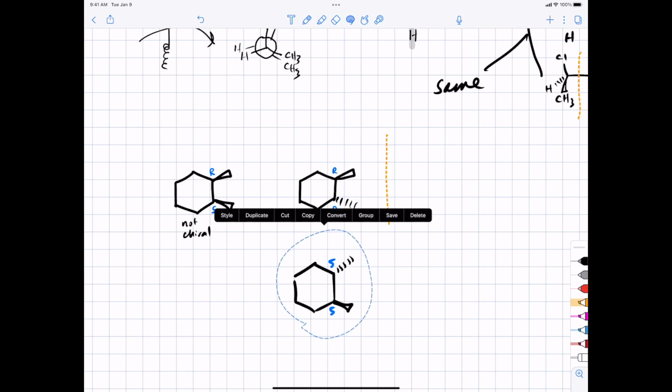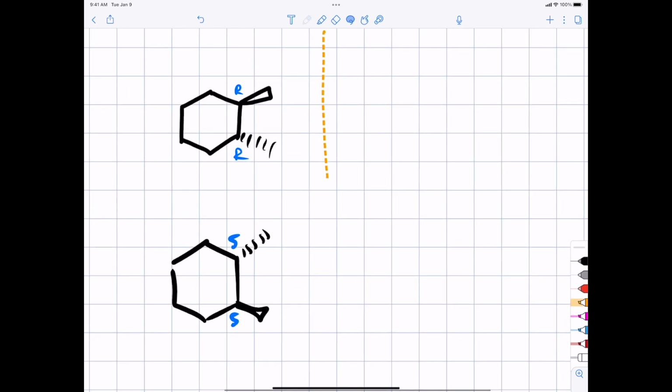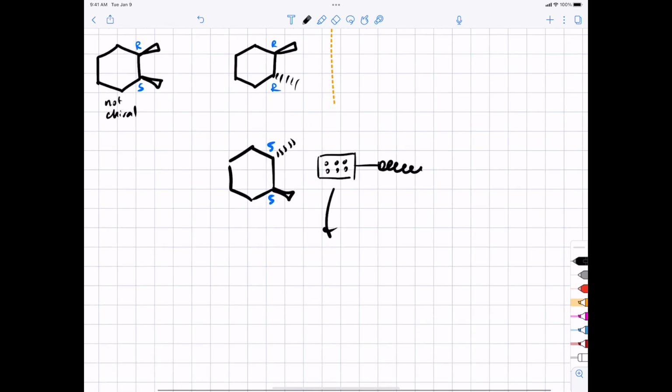This one's particularly insidious because you can try the pancake flip. Flip that over. What happens? It's just the same thing again. This is a type of symmetry called C2 symmetry.